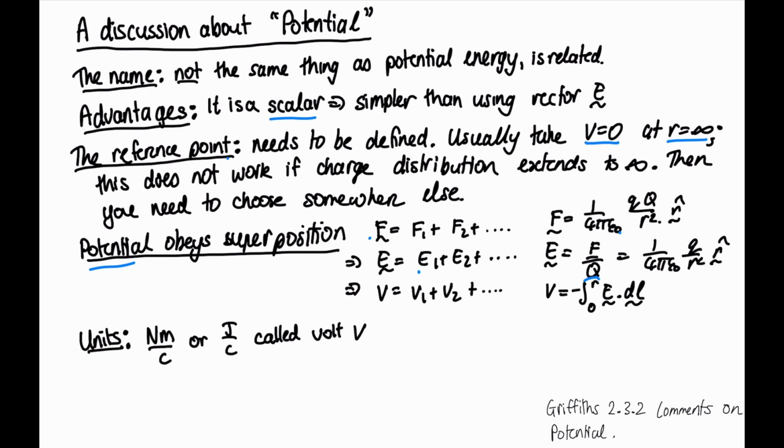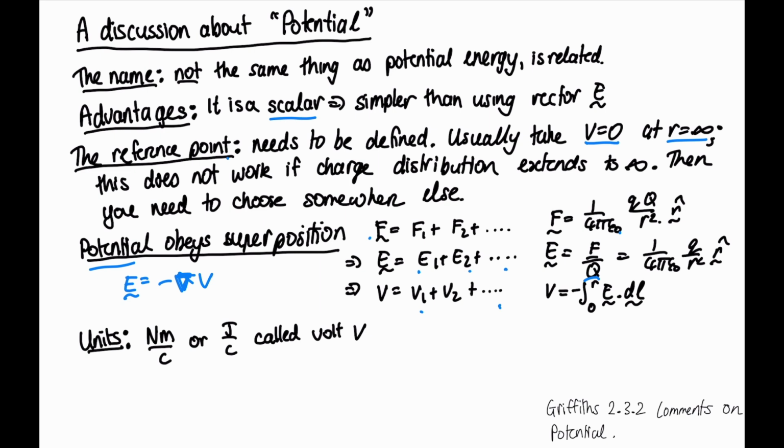And then the voltage is related to that electric field because the electric field is equal to minus grad of the potential. And so to get the potential, we just need to integrate the electric field.